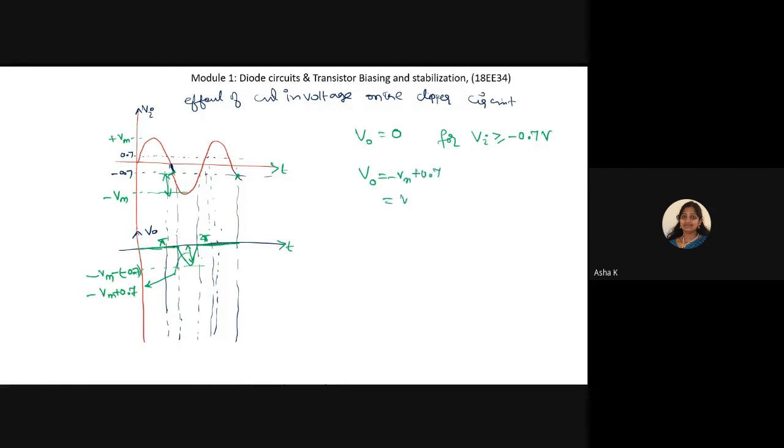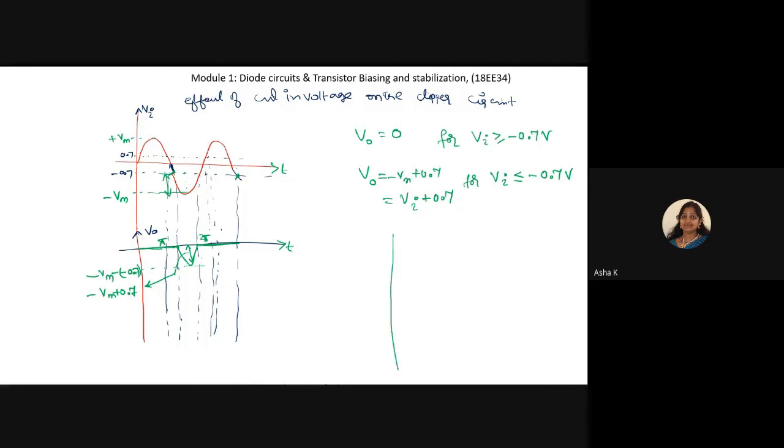It can be written as V input plus 0.7 volts, for V input less than or equal to minus 0.7 volts. For all the values less than or equal to minus 0.7 volts, I'm going to get V output equal to V input plus 0.7 volts.